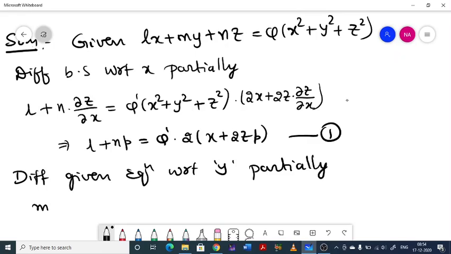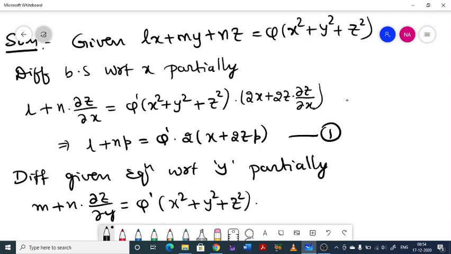M plus n into dou z by dou y equal to phi dash of x square plus y square plus z square into 2y plus 2z into dou z by dou y.